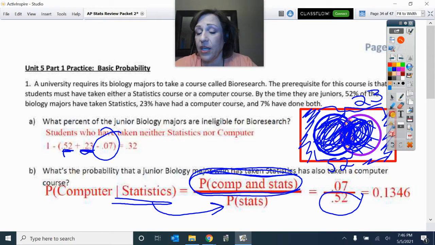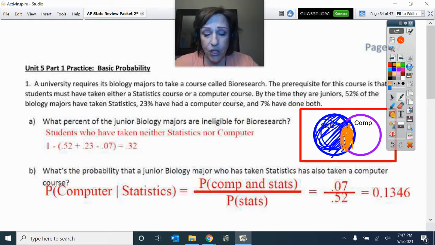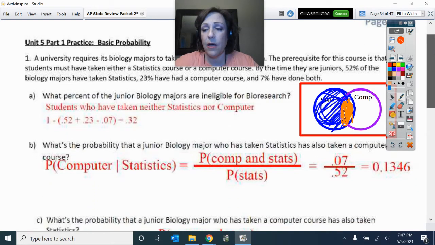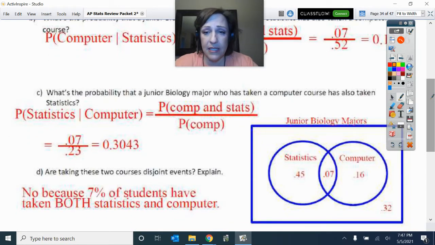So if I was to take a look at this picture that I have, that is essentially what that's saying: out of this entire circle that contains 0.52, what portion is this section here? The 7% of the 52. So that's how you get that 0.1346.